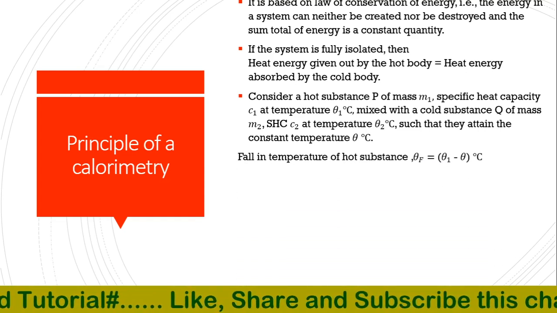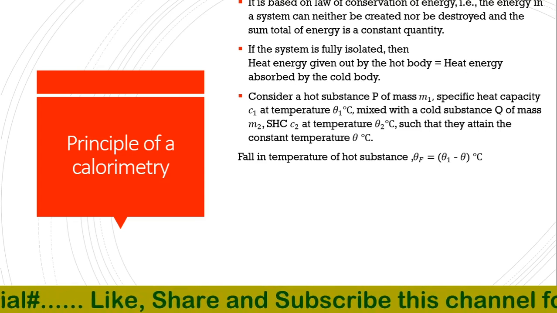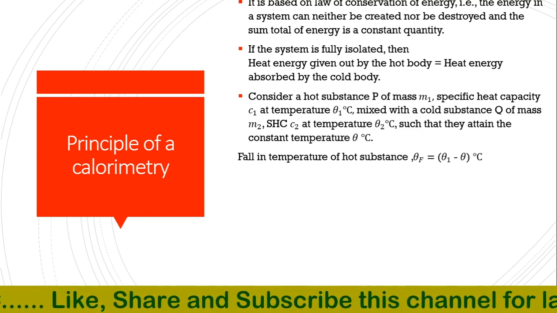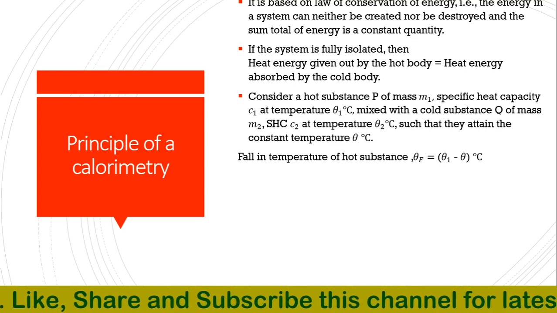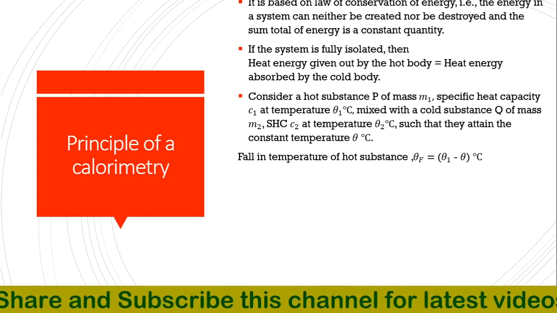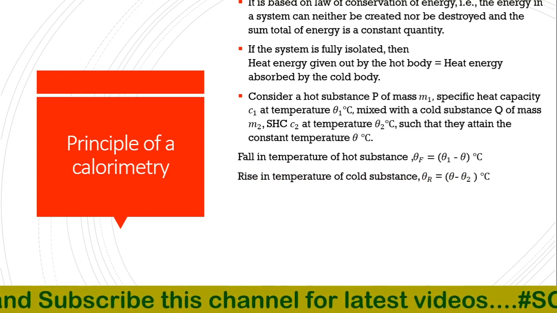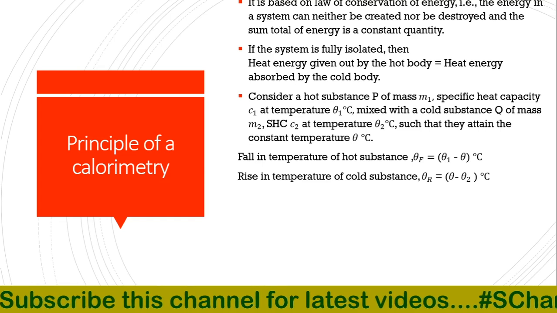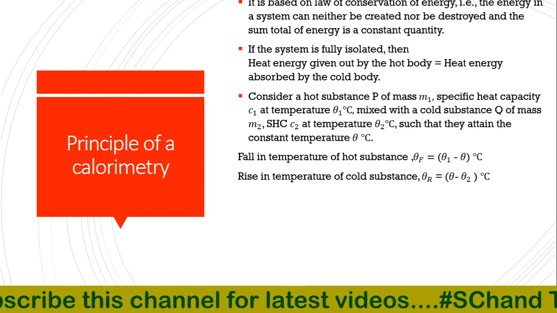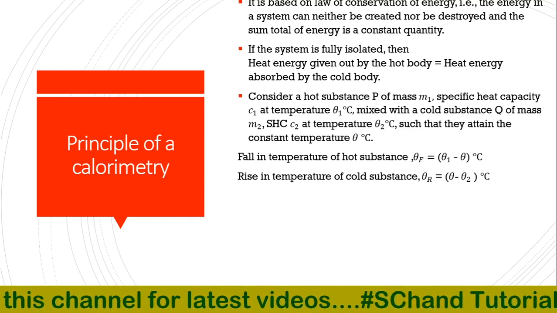So the fall in temperature of the hot substance, having initial temperature θ1, is, when it is mixed with the cold substance, its temperature becomes θ. So it is θ1 minus θ. And the rise in temperature of the cold substance, initial temperature θ2 and final temperature θ, is θ minus θ2.